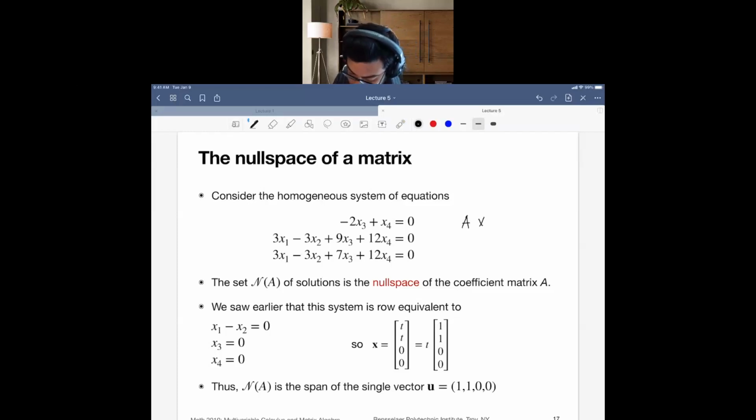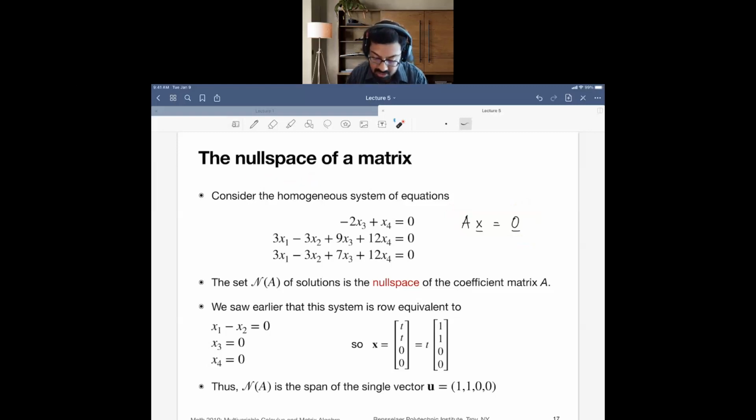Ax equals 0, right? A is going to be my coefficient matrix, x is going to be my R to the n column vector, and 0 is going to be just a bunch of zeros over here, 3 zeros. So this is a homogeneous system of equations that I can represent as a matrix problem Ax equals 0. What is going to be the null space?